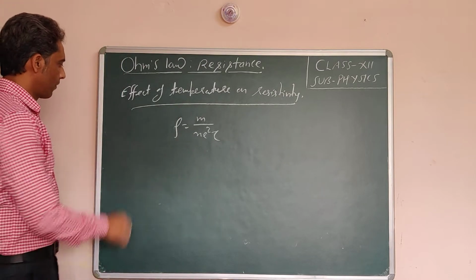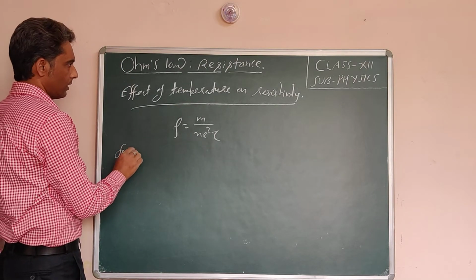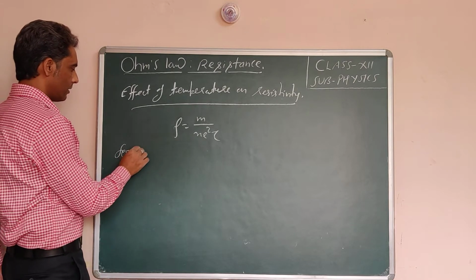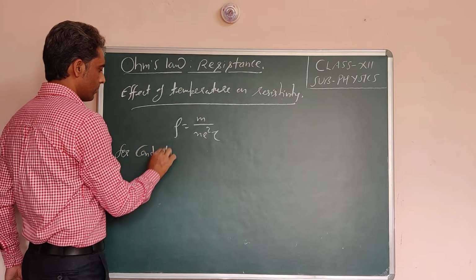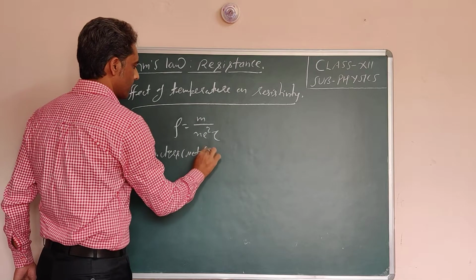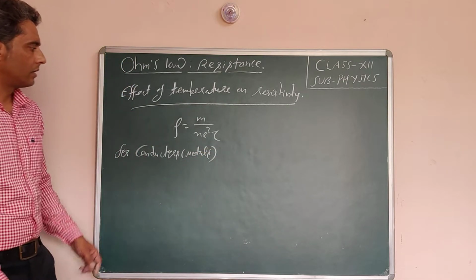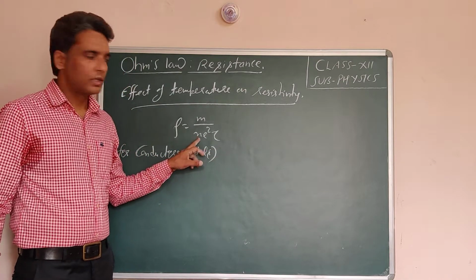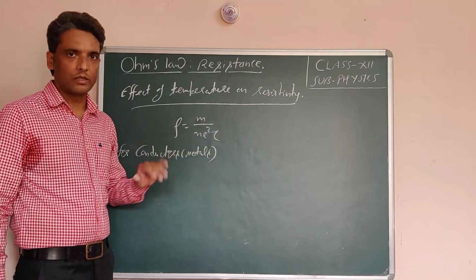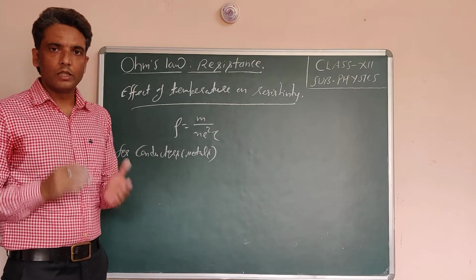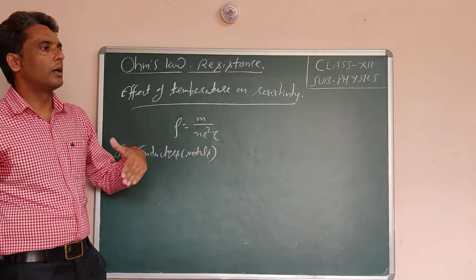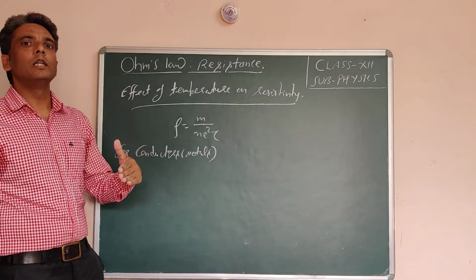Now, if we discuss conductors, for metals. So for metals, there are a large number of free electrons, and if we increase the temperature, how will this tau be affected? If we increase the temperature, then the collisions of the electrons with the material of the conductor increase.